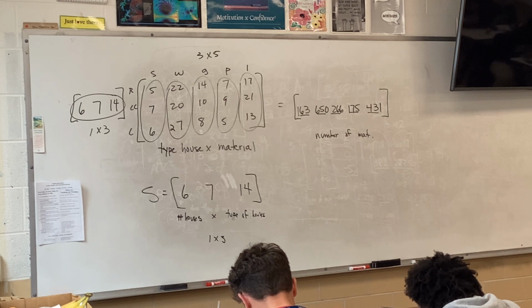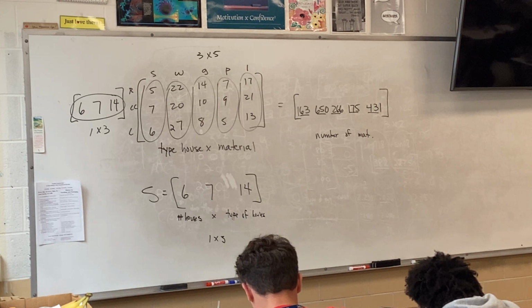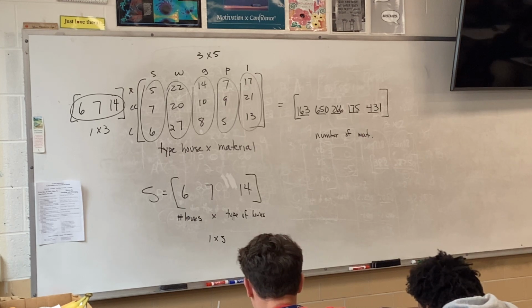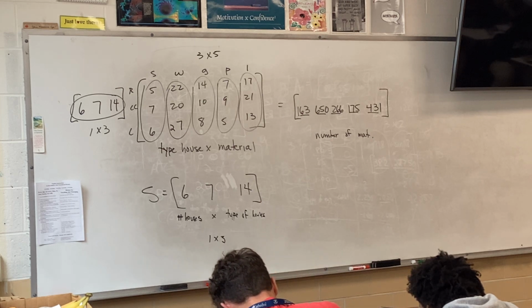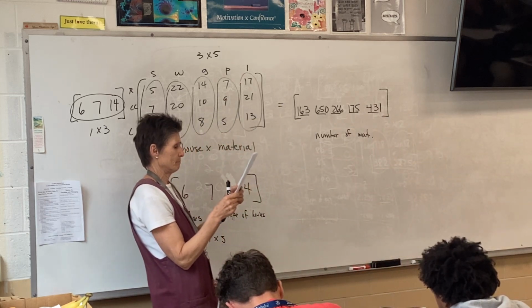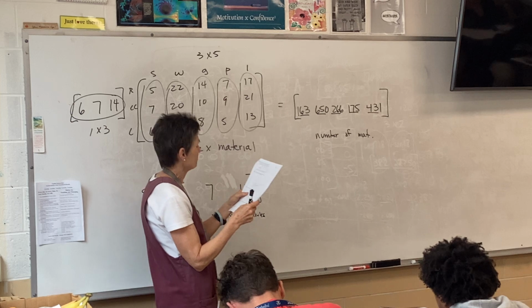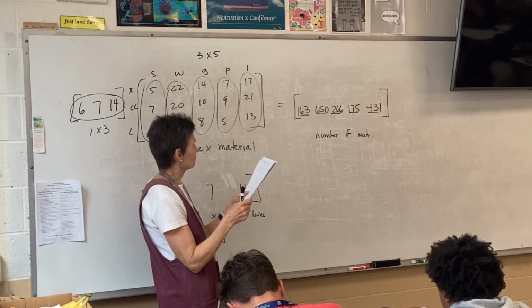These numbers. Okay, well, we know this is the number, this is type by number, type by cost. Okay. Are you figuring it out? It's type by cost, which is 1 by 5.